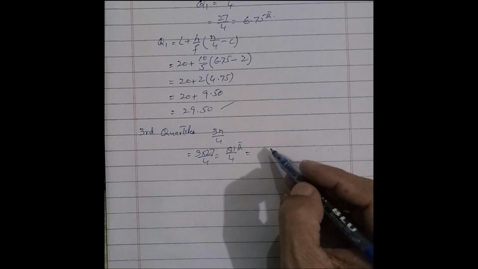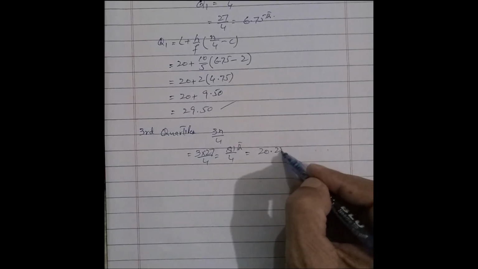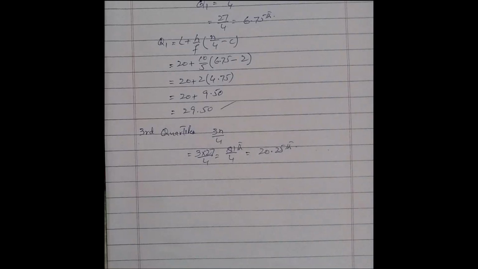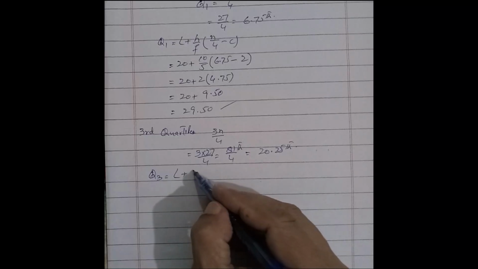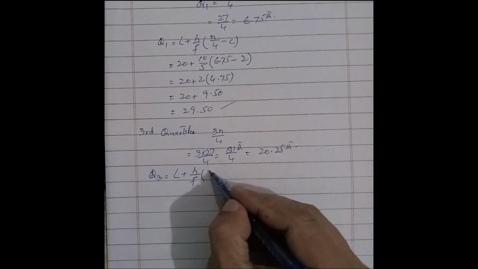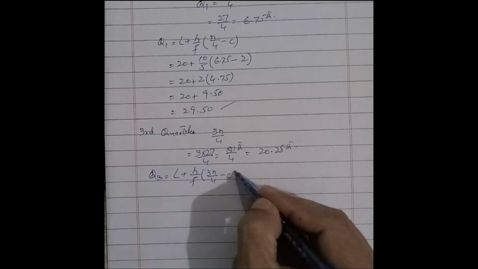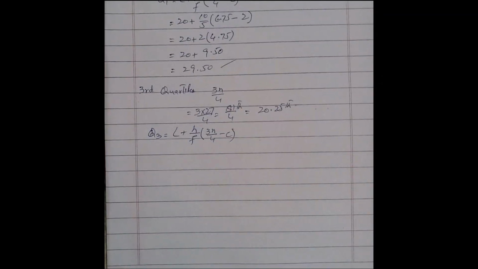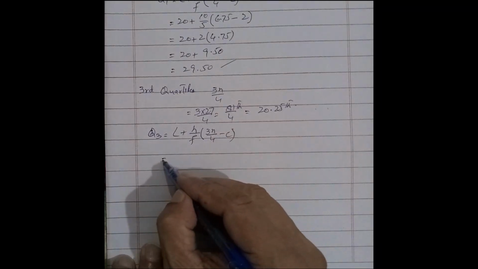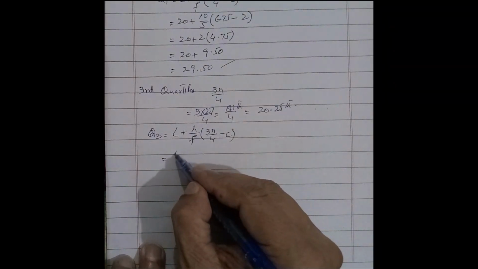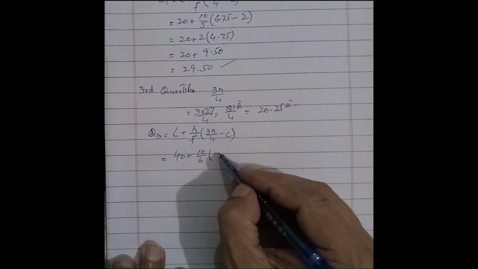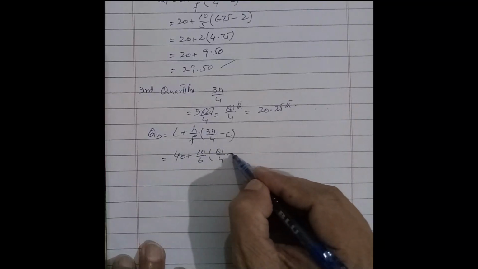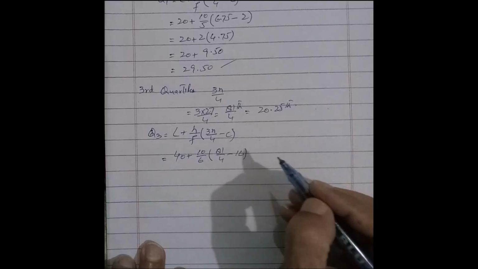The value is 20.25, and the formula of Q3 is L plus H over F into 3n over 4 minus C. Now we put the values and find the value of Q3, which is 40 plus 10 over 6 into 81 over 4 minus C, where C is 16.